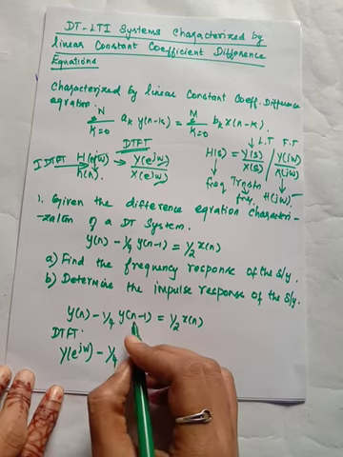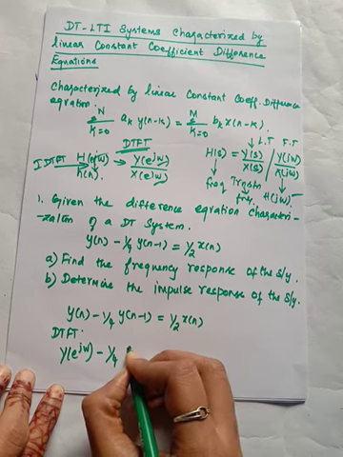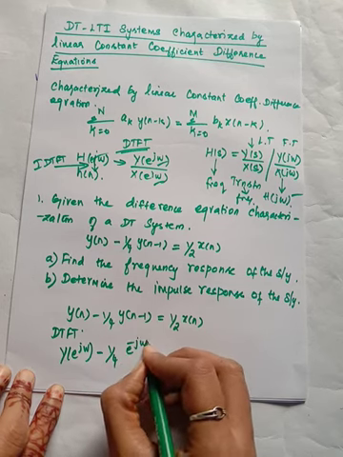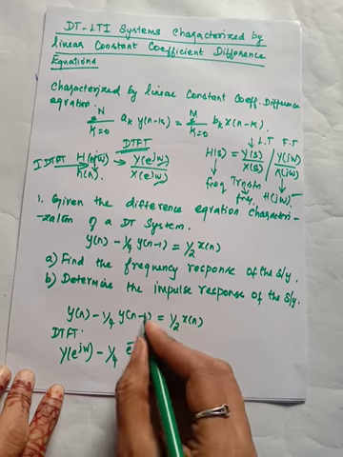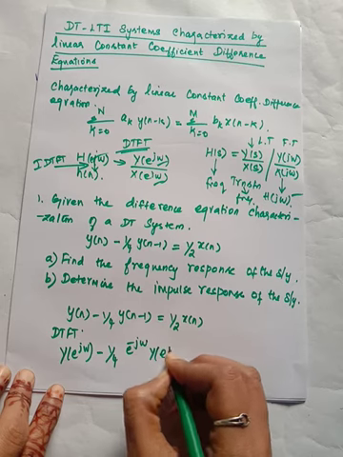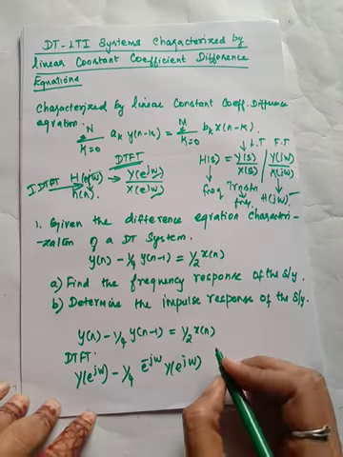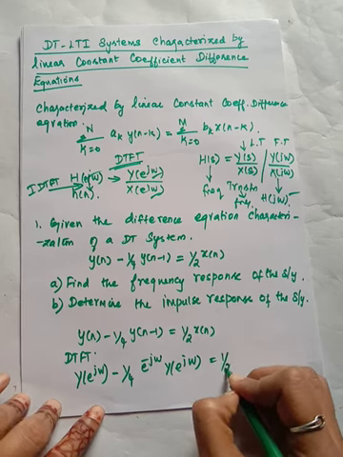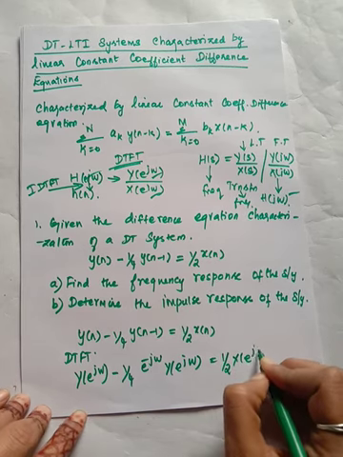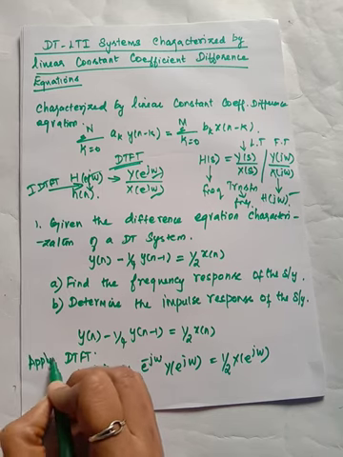If I have x of n minus n naught, in the frequency domain I will have e power minus j omega n naught, here n naught is 1, so e power minus j omega into Y of e power j omega, which is equal to 1 by 2 X of e power j omega. So this is what you will get after applying DTFT.